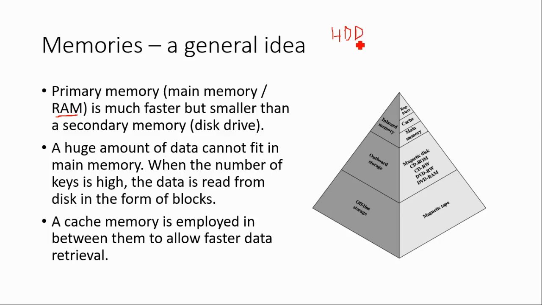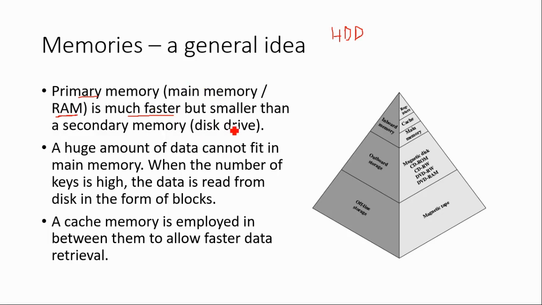Now, whatever the type may be, the important thing we have to notice is that the primary memory, which is the RAM, is much faster. You can retrieve data from the primary memory in a much smaller time than from a secondary memory, say a disk drive or magnetic tape. So data access in a magnetic hard disk or a magnetic tape takes more time than it takes in a primary memory.